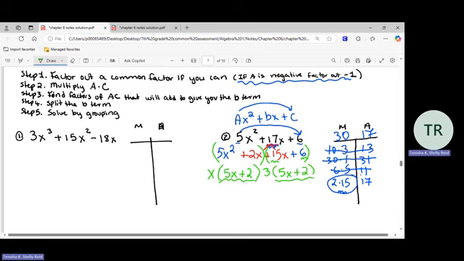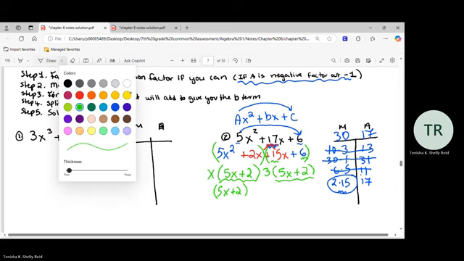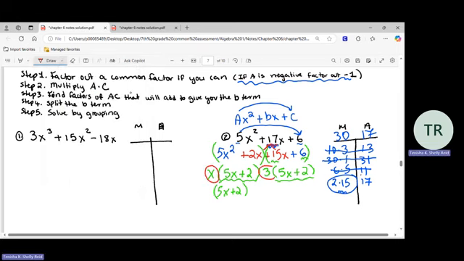Remember, that one should match. If it doesn't match, there's a problem. Something is wrong, and you have to figure it out. So the matching one becomes its own parentheses, 5x plus 2, and the leftovers, the x and the 3, become their own parentheses, x plus 3.